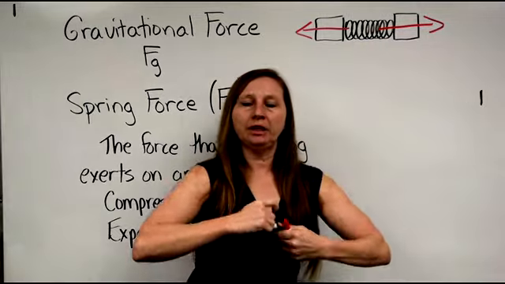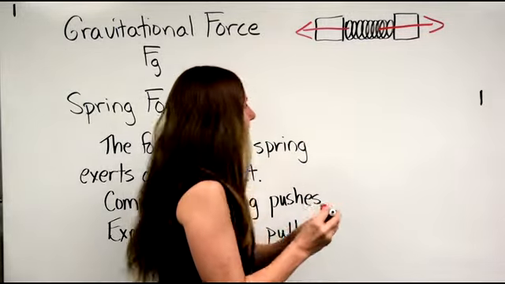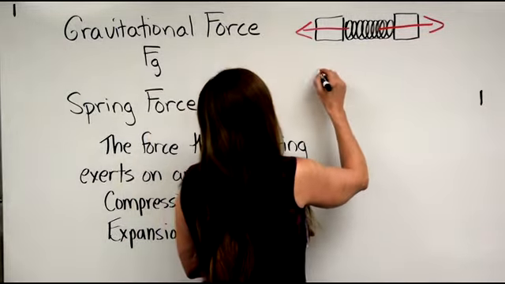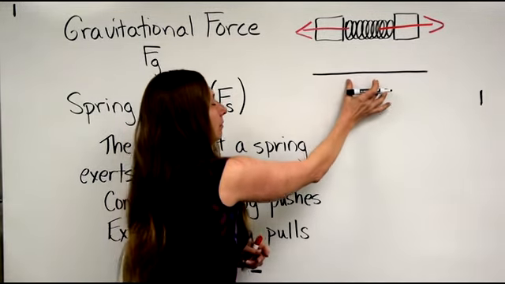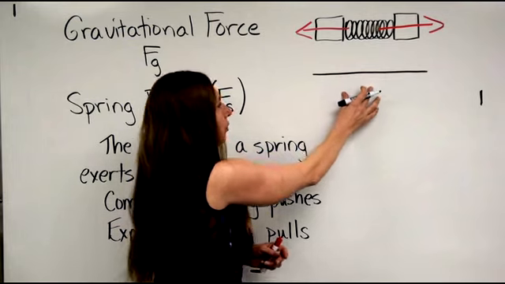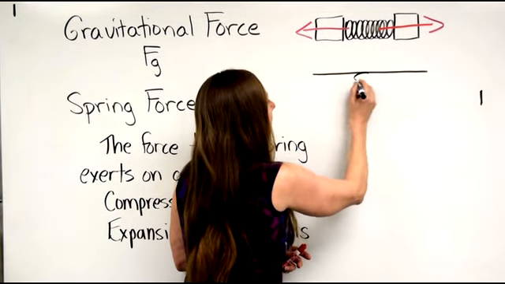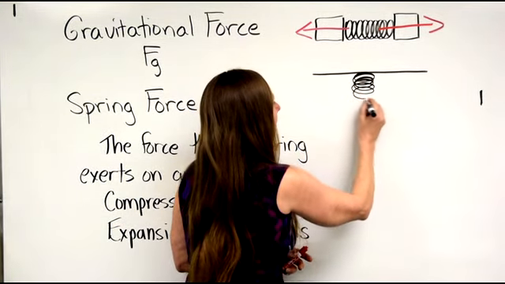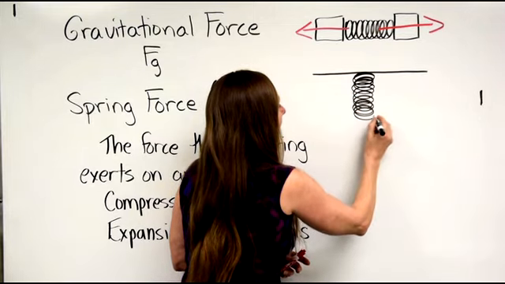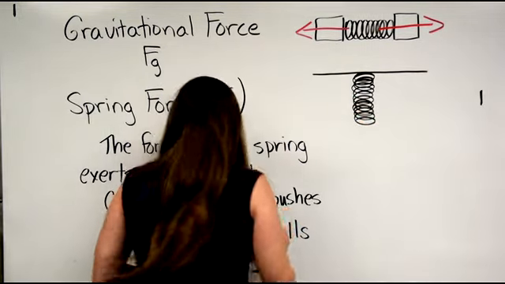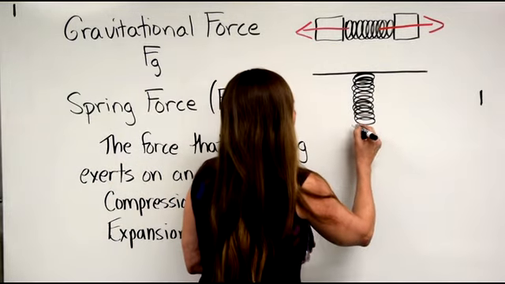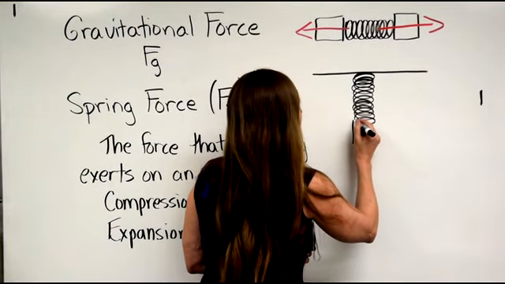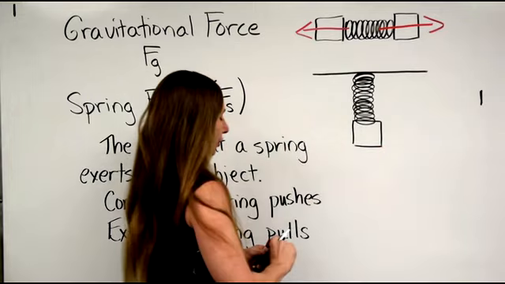Now, what about the example of an expansion spring? What if you hang an expansion spring from a hanger of some sort? You fasten the expansion spring here, and right now it is not expanded, but then you hang a weighted object on that expansion spring.